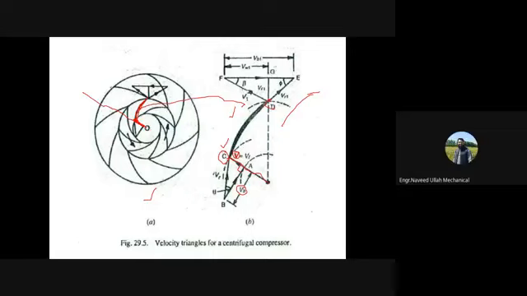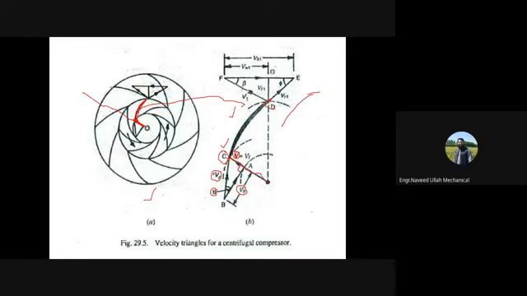And obviously the vectorial difference of VB and V, the absolute velocity, is the relative velocity at entry. The angle made by the relative velocity with this blade is denoted by theta. So this triangle ABC is the inlet velocity triangle.